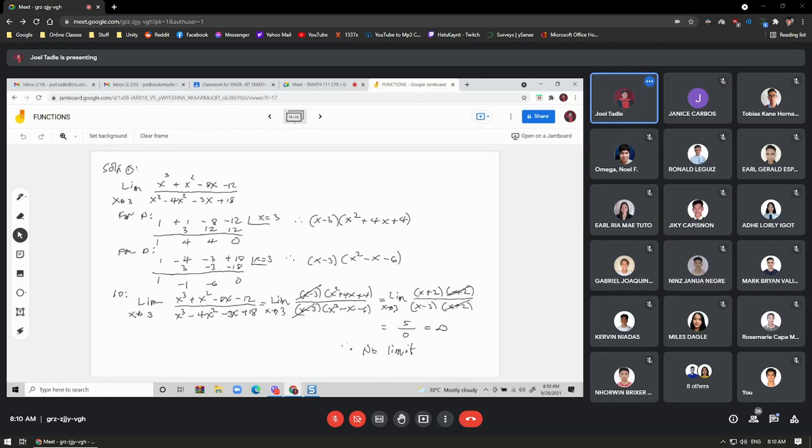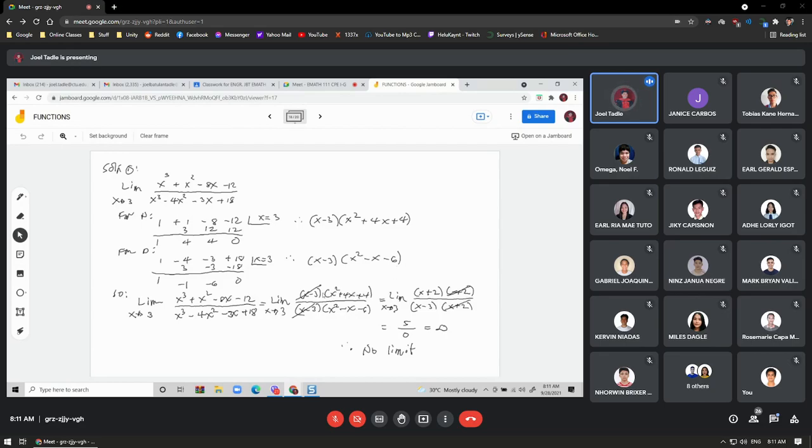Then add negative 4 plus 3, negative 1 times 3, negative 3. Then add to negative 3, we have negative 6 times 3, negative 18. Add to positive 18, that's 0. So the factors of the denominator are these factors, no? Quantity x minus 3 and quantity x squared minus x minus 6.